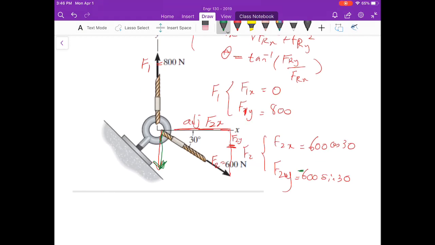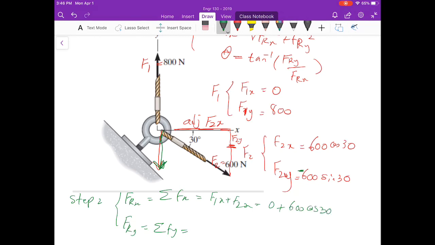In the next step, step 2, I want to find Frx and Fry. Frx, the resultant force on the x, is the sum of forces in x, and Fry is the sum of forces in y. Sum of forces in x would be F1x plus F2x, which is 0 plus 600 cosine 30, and on the y it is 800 minus 600 sine 30.